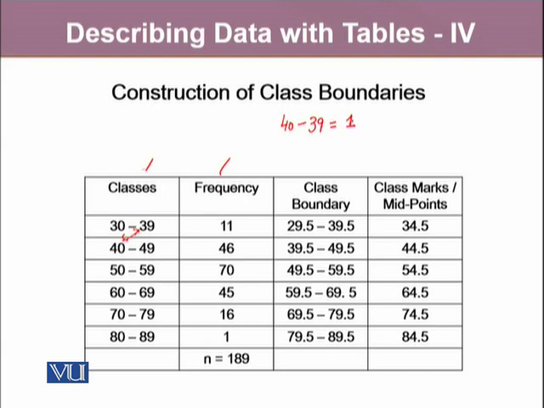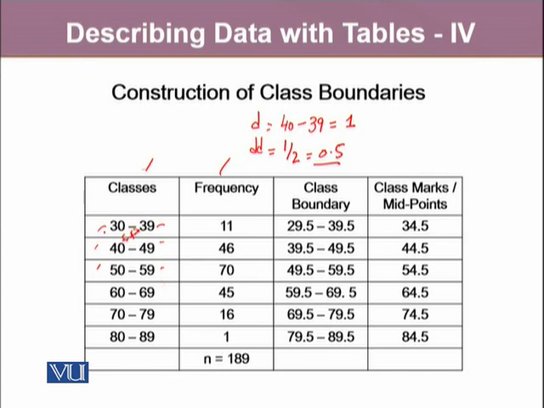Since we want to go exactly halfway through it, we will divide this difference, let's call it D, by 2: dividing the difference 1 by 2 gives 0.5. Now to construct the class boundaries, we will subtract this divided difference from each lower class limit, and we will add it to each upper class limit.